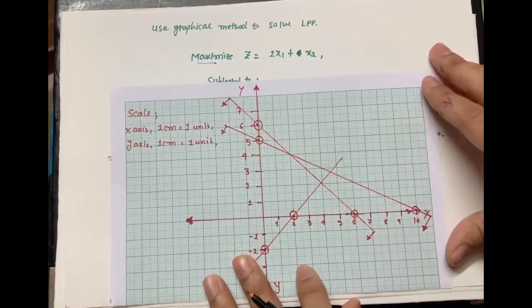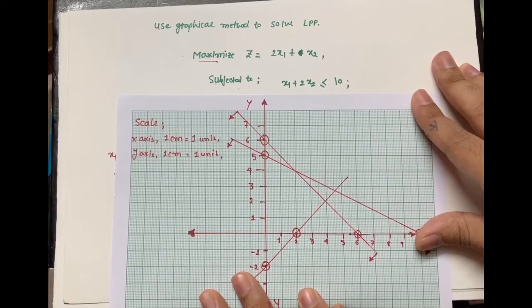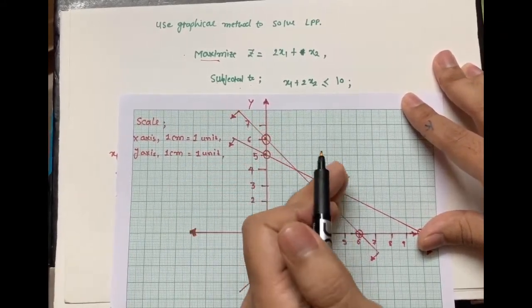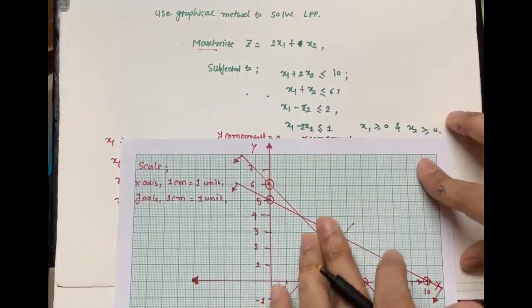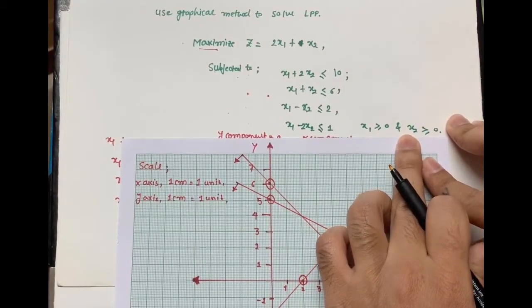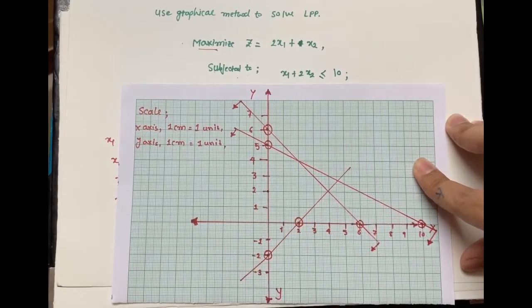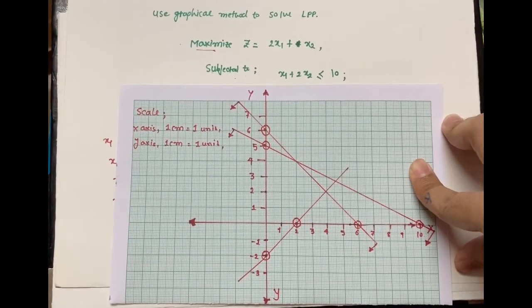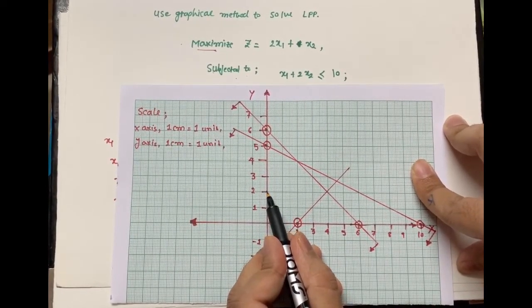If I randomly take 2 points, 1 point above this line and 1 point below it, such that the values of x1 and x2 are greater than 0. If I randomly take 1 point here, at this point x1 and x2 are both greater than or equal to 0.